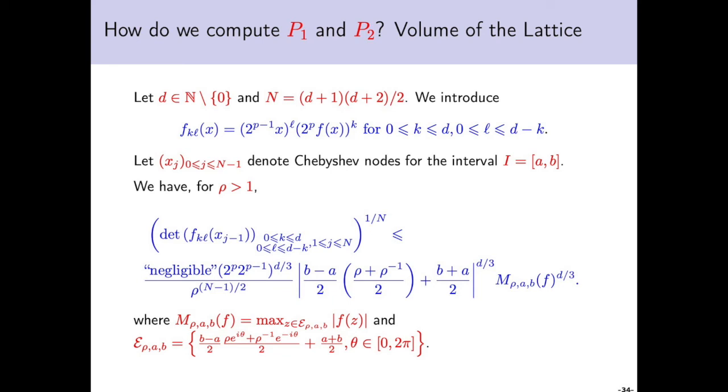Here you have a supremum of f that comes from the remainder. And at the denominator, you have rho to the (n minus 1) over 2. So n is d squared. This is the presence of this rho to the d squared that will make it possible to have the volume as small as possible.